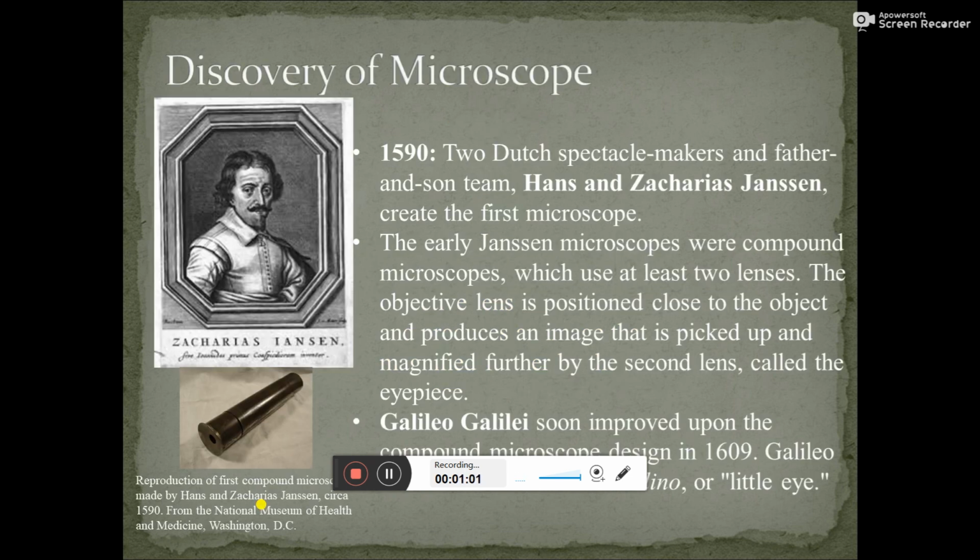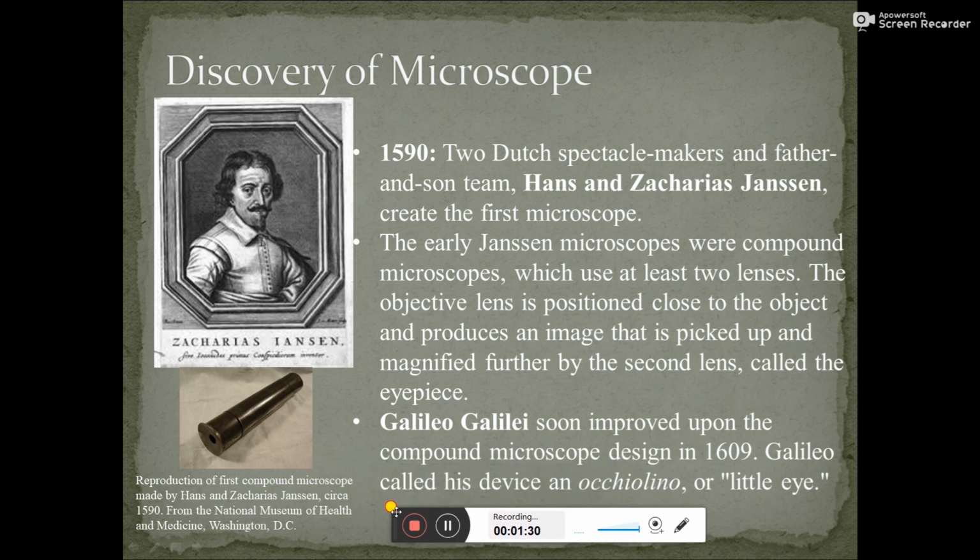The discovery of microscopes was mainly being done in 1590s when two Dutch spectacle makers, the father and son team, Hans and Zacharias Janssen, created the first microscope. These microscopes were compound microscopes which use at least two lenses, and the objective lens was positioned close to the object and it produces an image that is picked up and magnified by a second lens called the eyepiece.